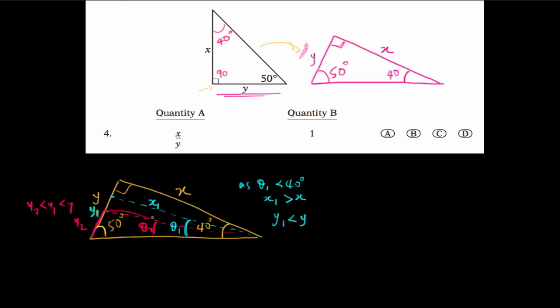But the new length that corresponds to the small angle, x2, is going to be greater than x1, and x1 is also greater than x. What's the moral lesson from all this? For any angle, the side that corresponds to the smaller angle is going to be greater than the side that corresponds to the larger angle.